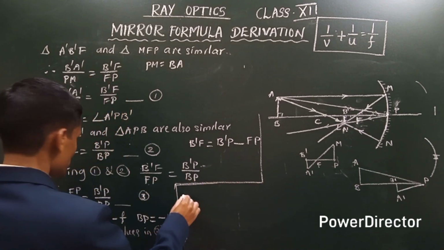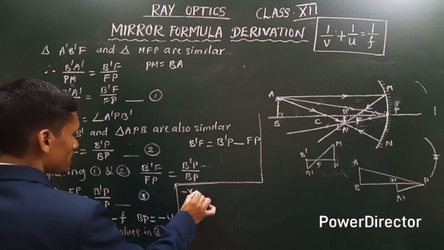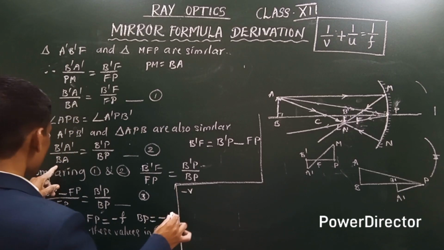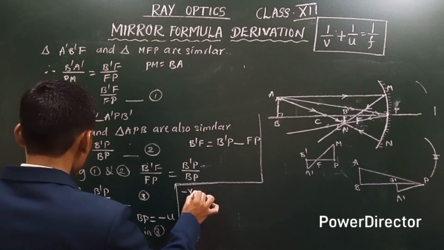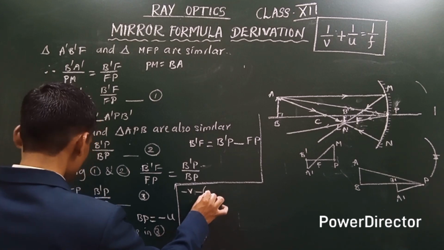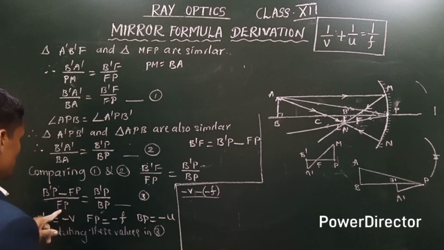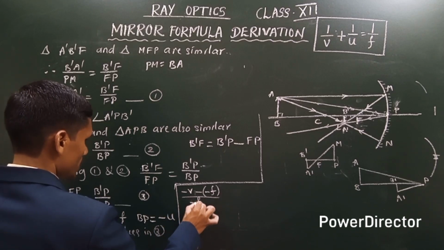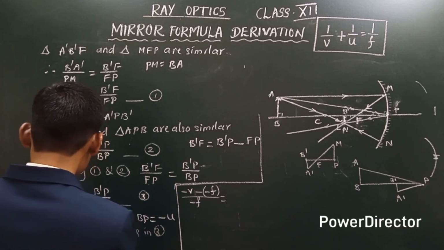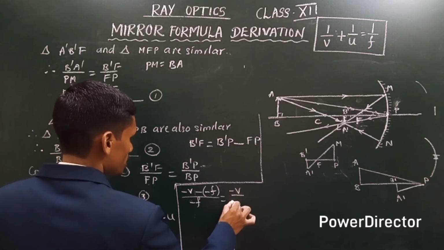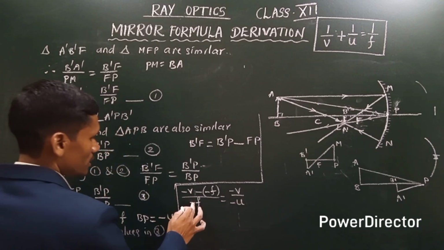So here B dash P, we have to substitute minus v. Next, upon BP, that is minus v, divided by minus FP, that is also minus f, is equal to B dash P, that is minus v again, divided by minus u, because BP is the object distance, that is negative, right?